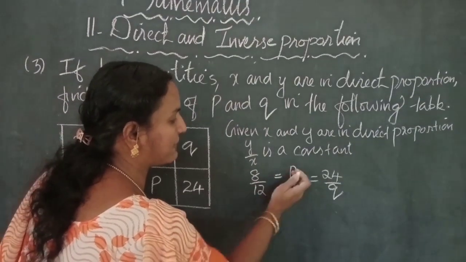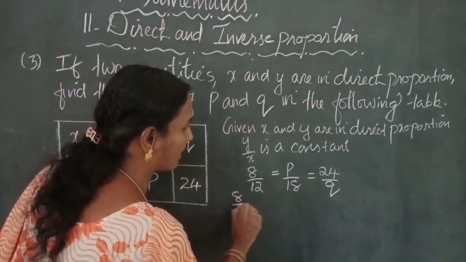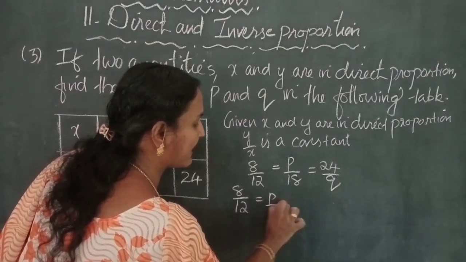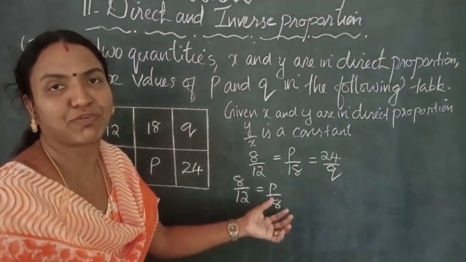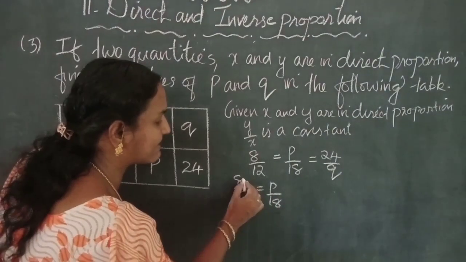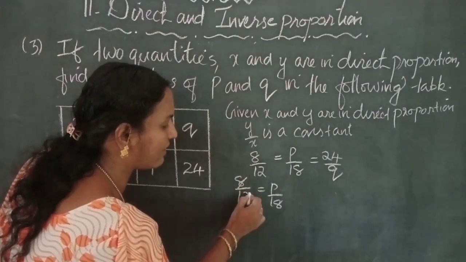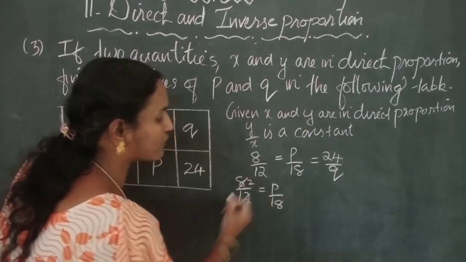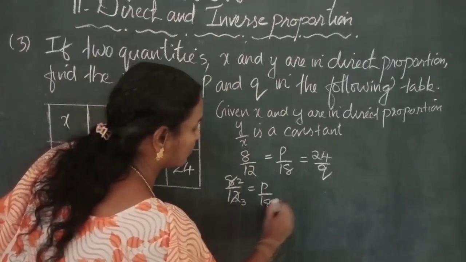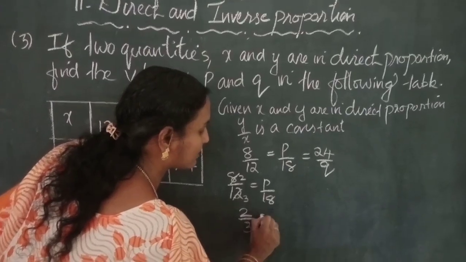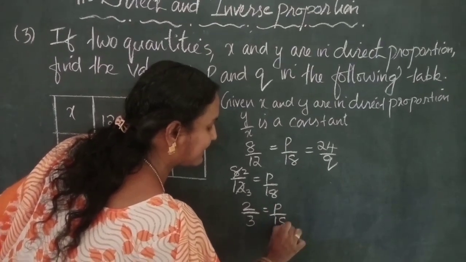8 by 12 and p by 18. By applying cross multiplication, you have to find the value of p. Here you can cancel 4: 2 4s are 8 and 3 4s are 12. So 2 by 3 is equal to p by 18.